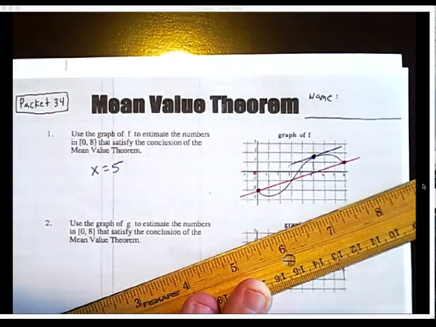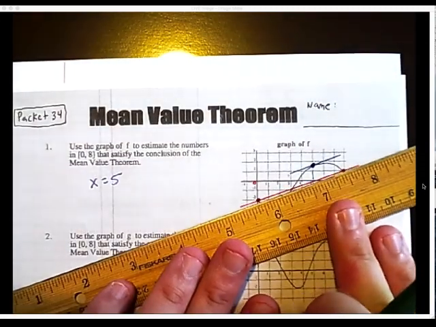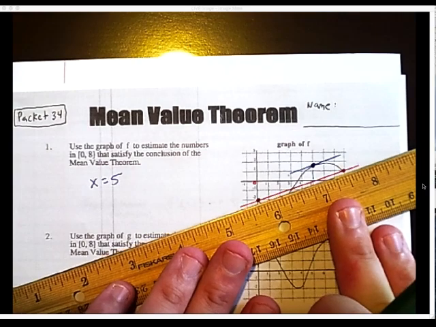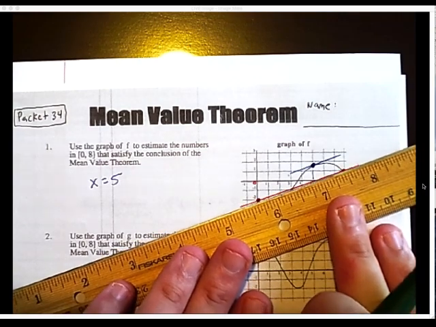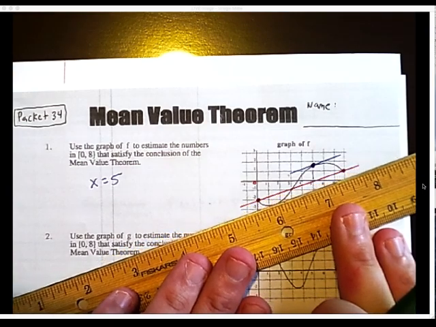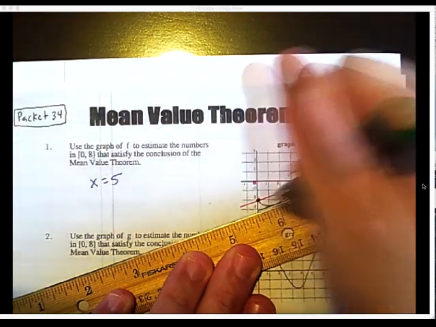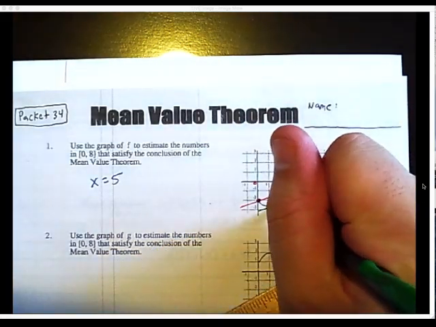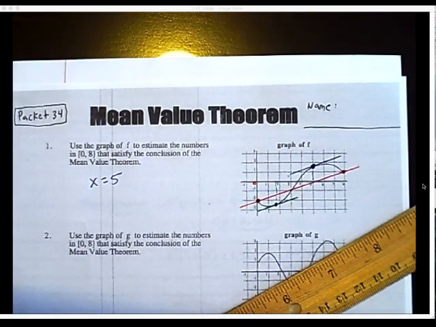And there might be another one. So again, from the secant line, you move it up and down to keep it parallel. To me, it looks like about right here as well. If I estimate where that happens, maybe about 1.6.